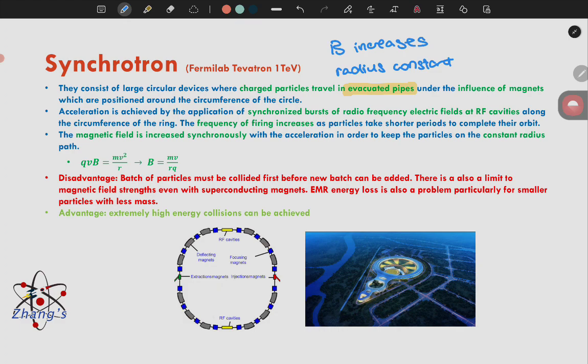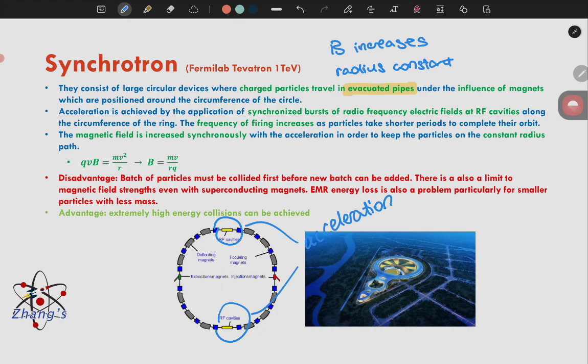Then you have what's called the radio frequency cavities, or RF cavities, and those are places where the actual acceleration happens. So this here and this here, that's where the acceleration occurs, because this is where they get short bursts of electric fields that accelerate them to a higher velocity.